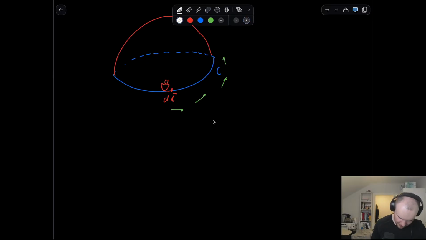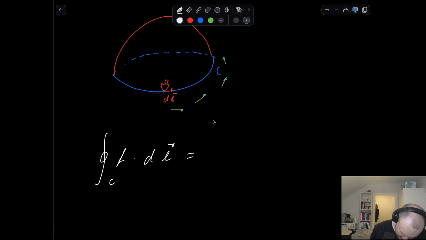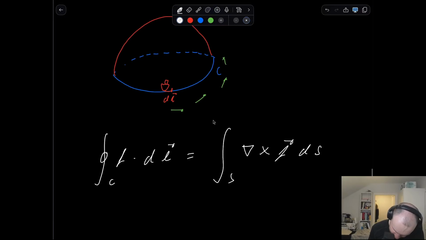Then we could have our little line integral here, which was F dotted with dl over C. That was equal to, this is Stokes' theorem, the integral over the surface, and we are integrating, of course, the curl, which is just nabla cross F, and then of course dS, and that has to also be a vector, of course. Okay. This is also pretty neat.